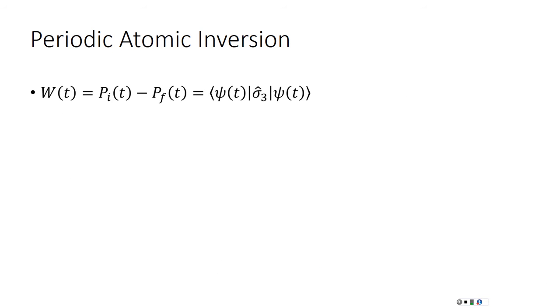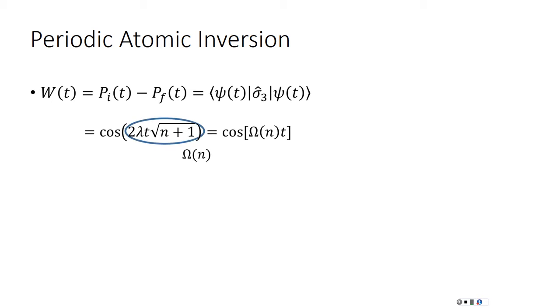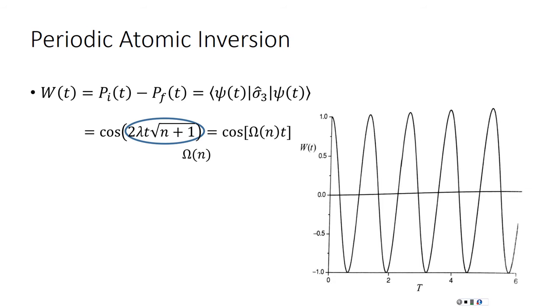Now we want to look at the atomic inversion, the electron transition from ground to excited state to ground state. We can calculate it from these equations, and this term is known as the Rabi frequency, and then we can calculate here. And if we plot this one, we will get this symmetrical inversion of the electrons from ground to excited state.